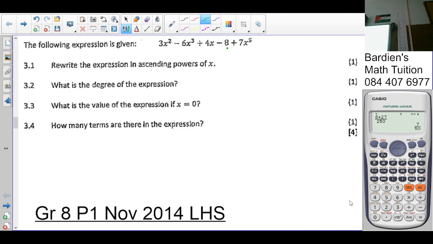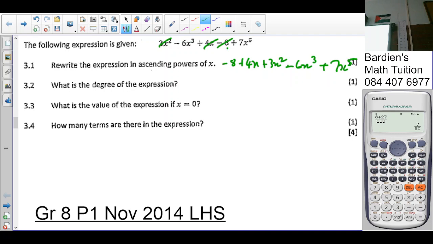So the smallest one is going to be negative 8, then plus 4x, plus 3x squared, minus 6x cubed, plus 7x to the exponent 5.